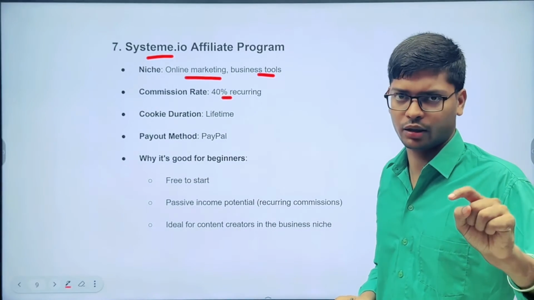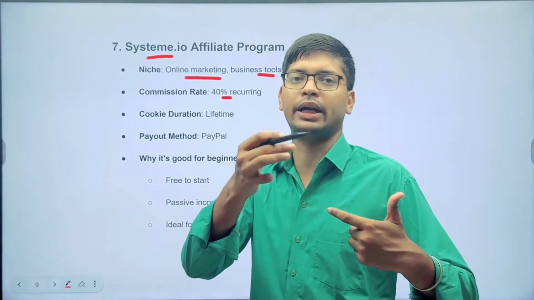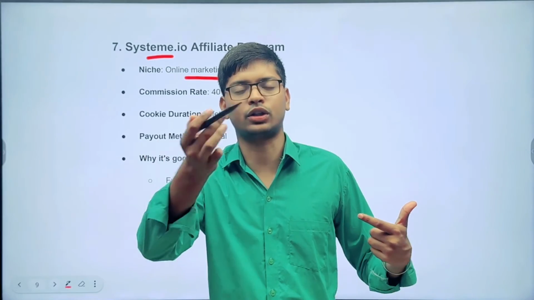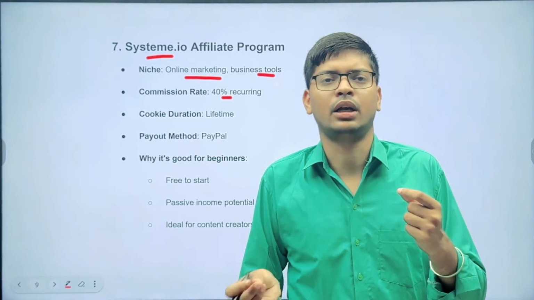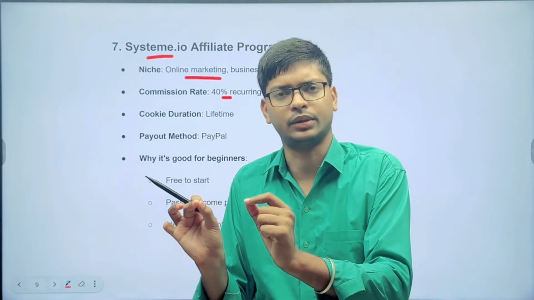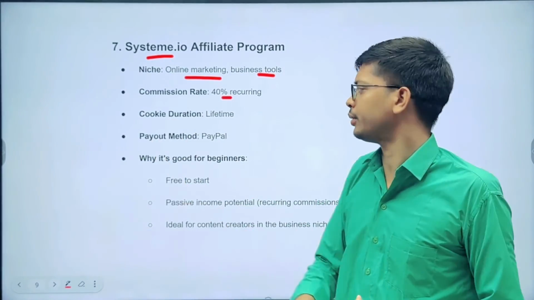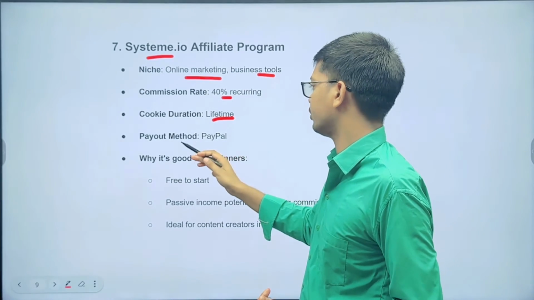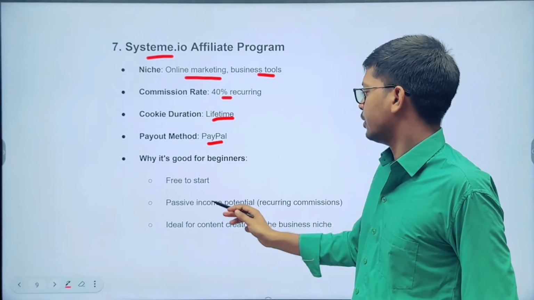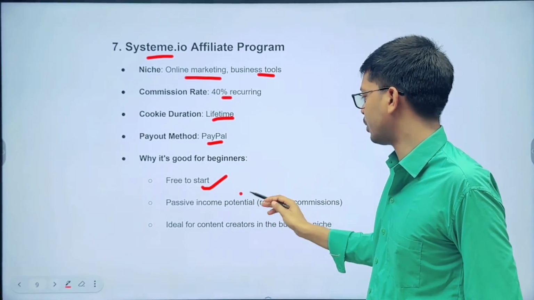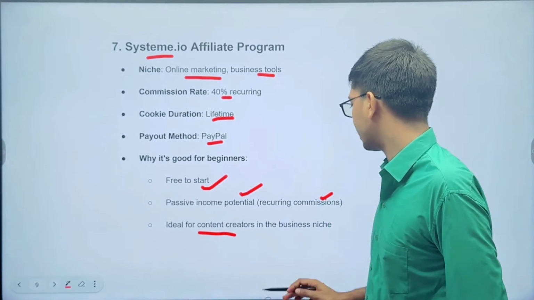Recurring means you get a commission multiple times. Whenever your customer buys or joins something and pays, you will get a commission multiple times. Cookie duration is lifetime, and the payout method is PayPal. It's good for beginners. Why? Free to start, passive income potential, recurring commission, and ideal for content creators in the business niche.